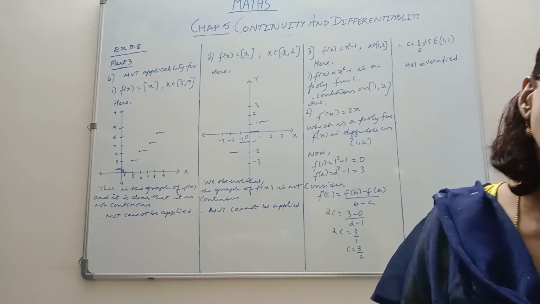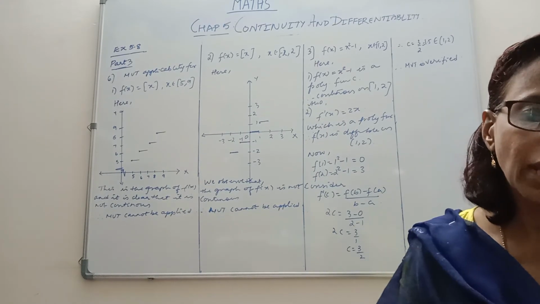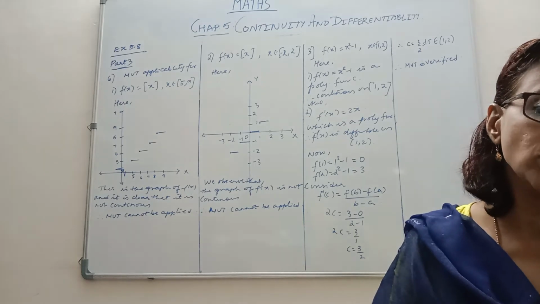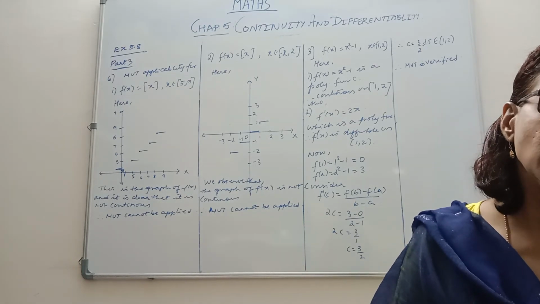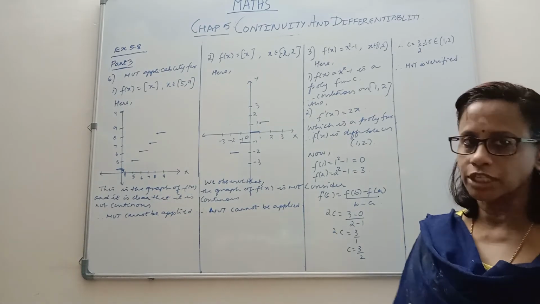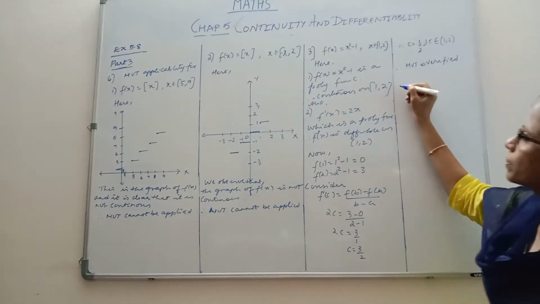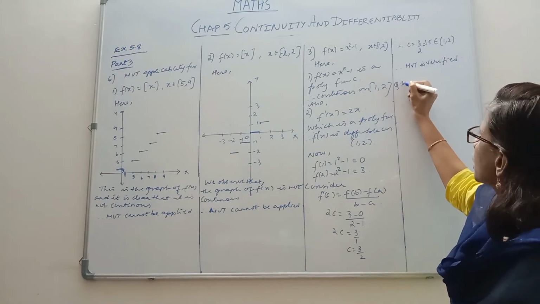So that part we have not done actually. We have applied the mean value theorem, but we have not checked that part. Find all the C where f dash C is 0. So that we need to do. So question number 5, part 2.